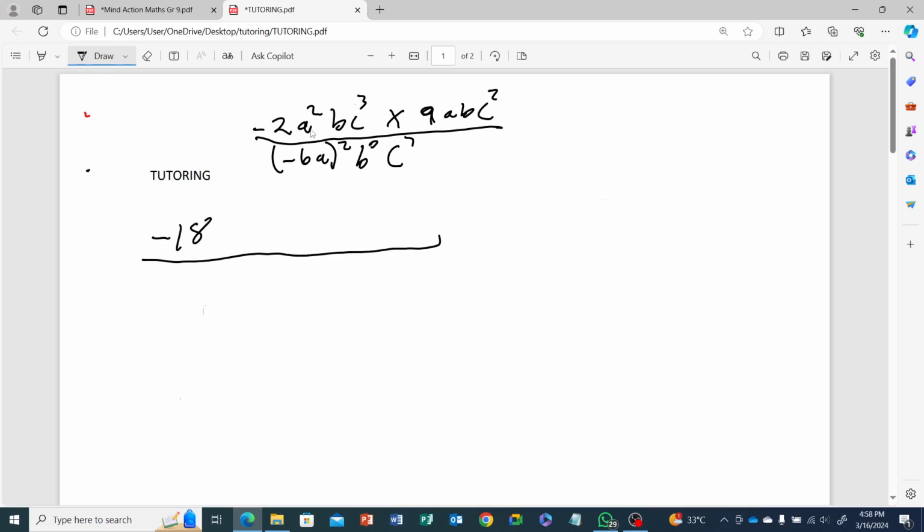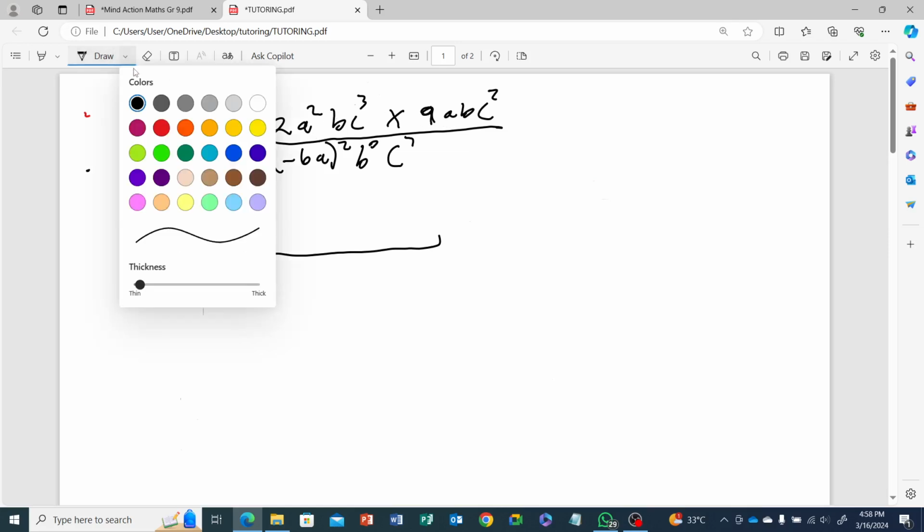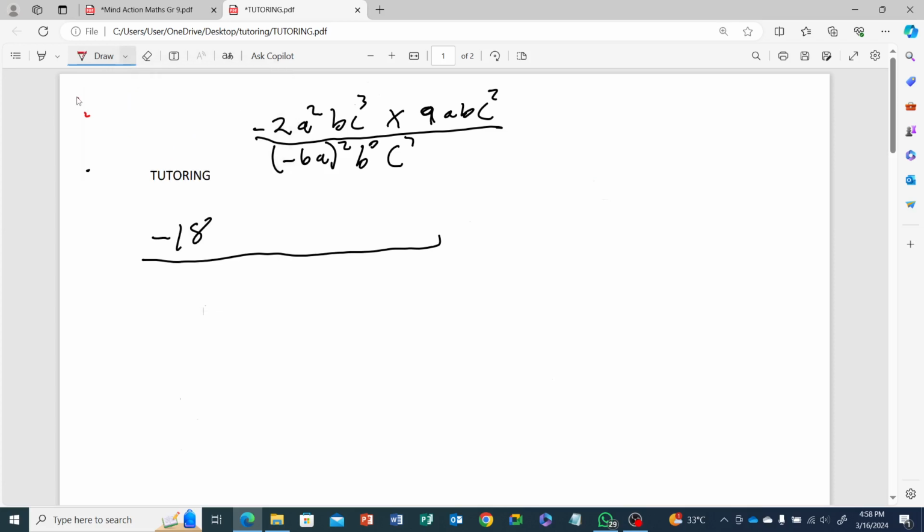A squared times a, I take the like terms. So it's a common base, right? So what do you do when you have common base? You add the exponent. So we have a squared plus 1 from the other side. So that will give us a 3.